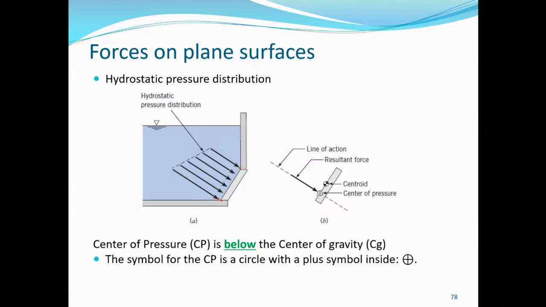So now we will learn how to find the center of pressure. The center of pressure is the point where the resultant hydrostatic force, or the resultant pressure force, passes through.